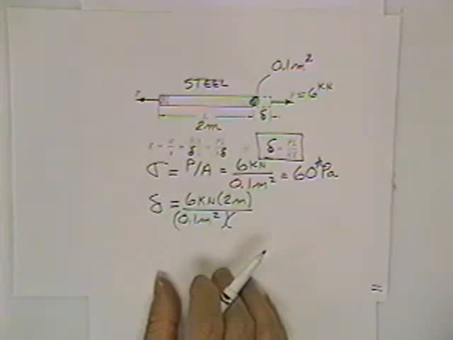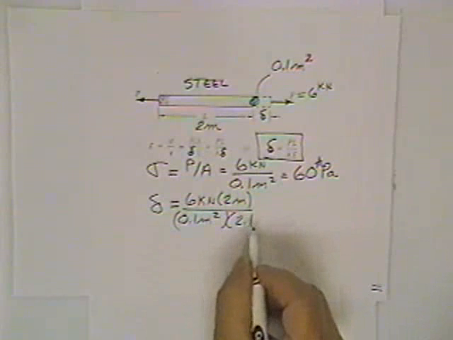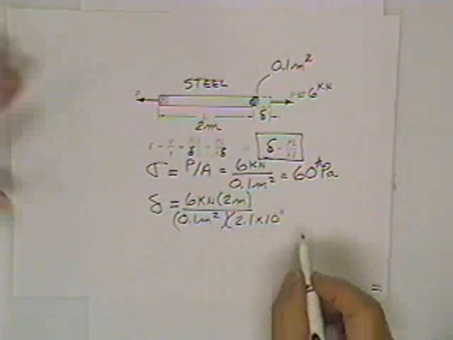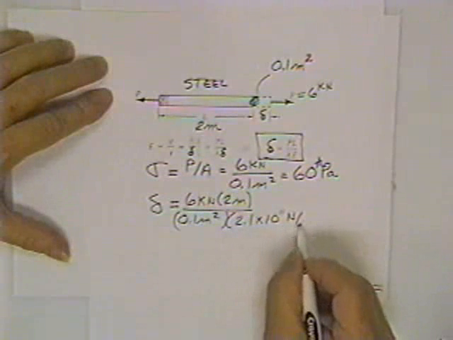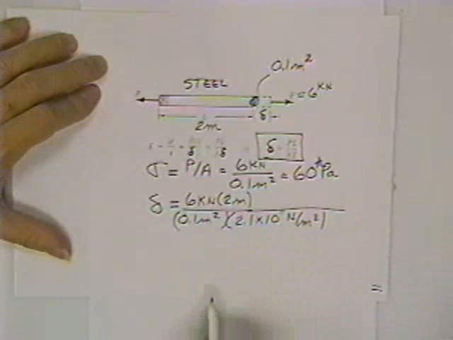So let me go over to the book on page 32. Modulus of elasticity of steel in metric units is 2.1 times 10 to the 11th newtons per square meter, which is a pascal.